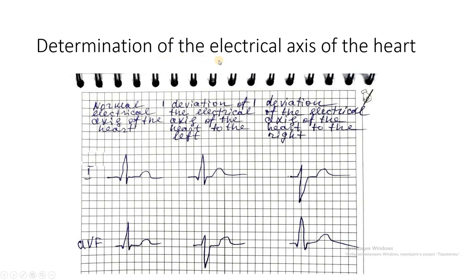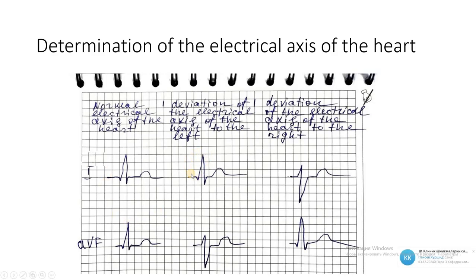Determination of the electrical axis of the heart. For the normal electrical axis of the heart, we have to pay attention to the first lead and AVF. If in both we see the basic wave R, we can say this is a normal electrical axis of the heart.